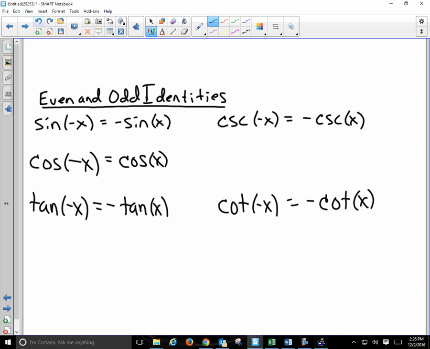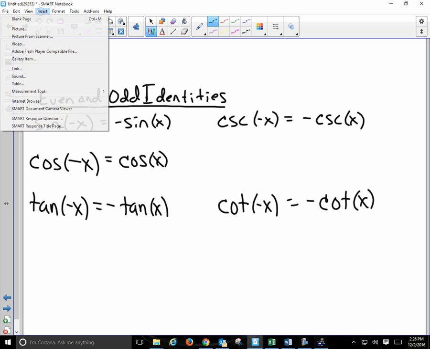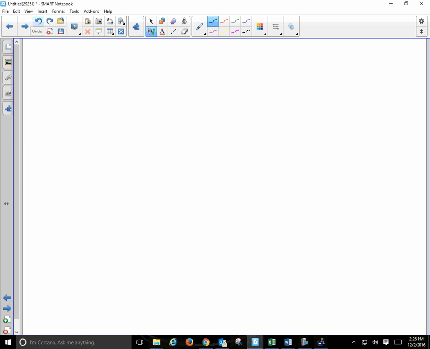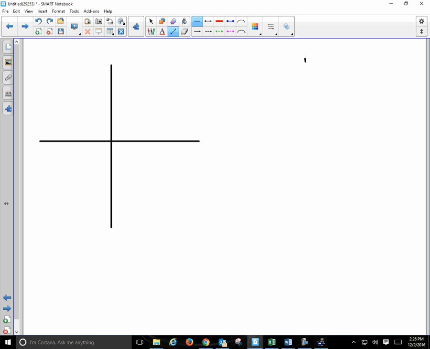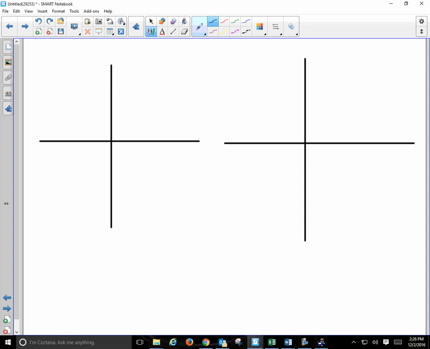You want to know why, don't you? I'll show you. This is the best understanding of why I could tell you. I'm not going to make it too complicated, but you guys know what the graphs of sine and cosine look like, right? So we'll just look at the graphs for a second here. Cosine starts up at 1, right? And it goes like this. Whereas sine looks maybe something more like that.